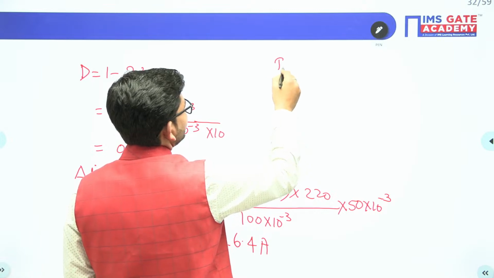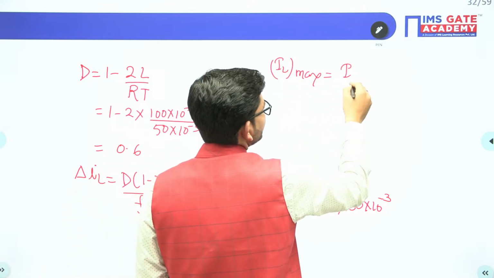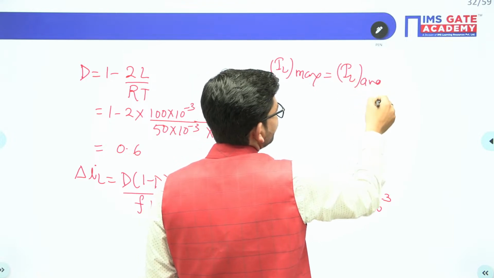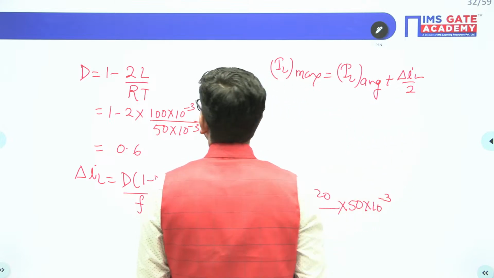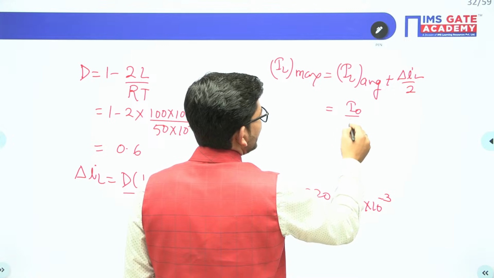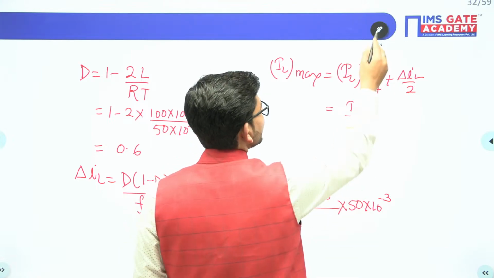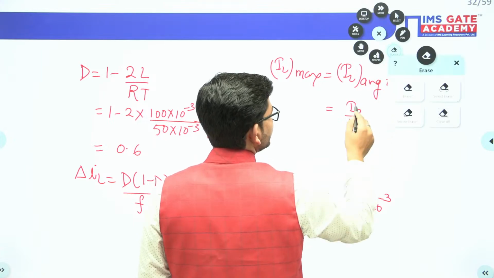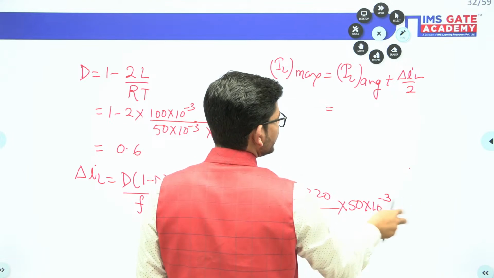Now IL max, you have to calculate the maximum value of inductor current. So that will be equals to IL average plus del IL by 2. Now how you will calculate the IL average? You know that this will be equals to I naught, and I naught will be equals to V naught by R, isn't it? So you can calculate the value of IL from here.